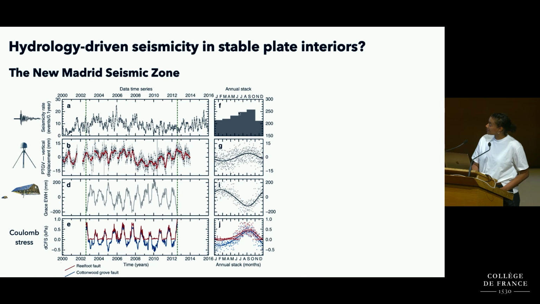And what you can see is that if you stack everything over a year, things agree pretty well. Basically, you have more earthquakes when you have more deformation, meaning that you have less load, everything's going up, and then stress variations that correlate, and this correlates with the peak stress variations as well.